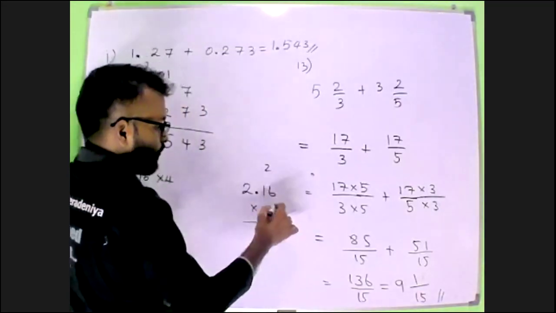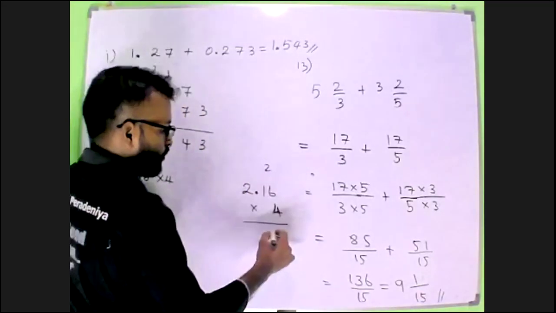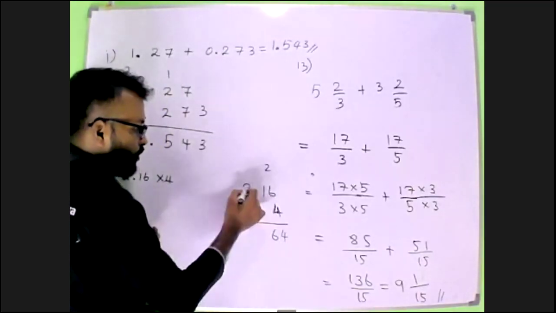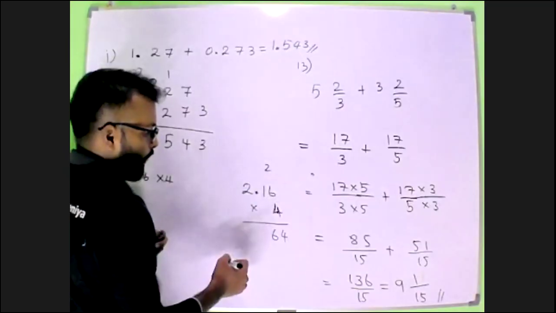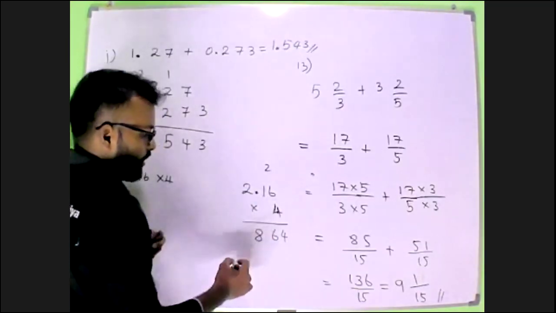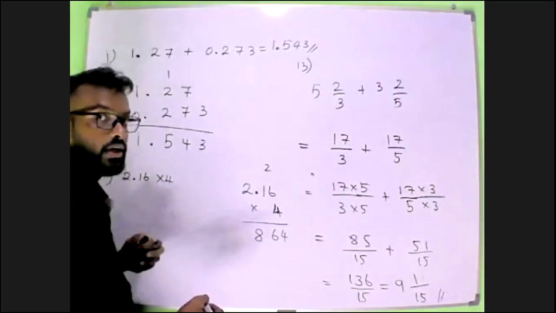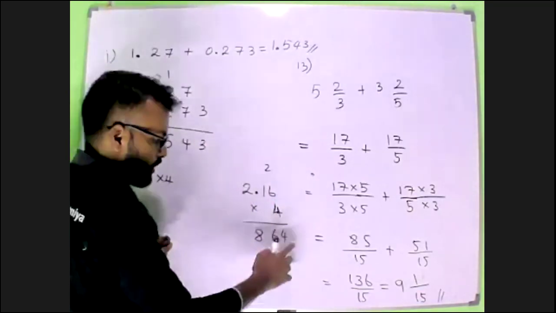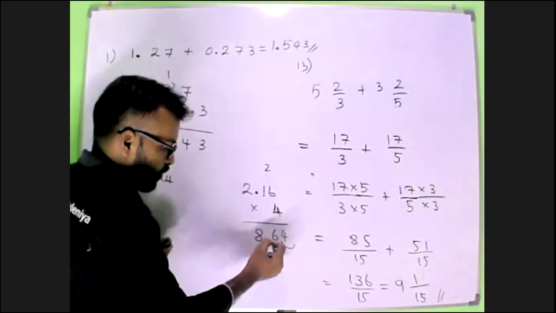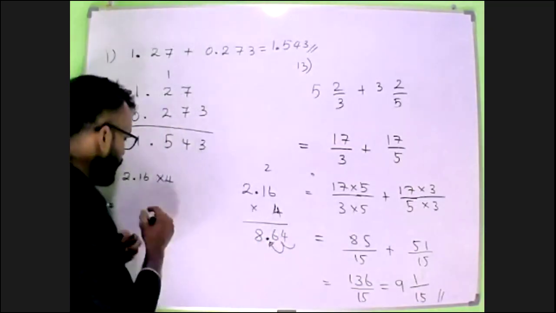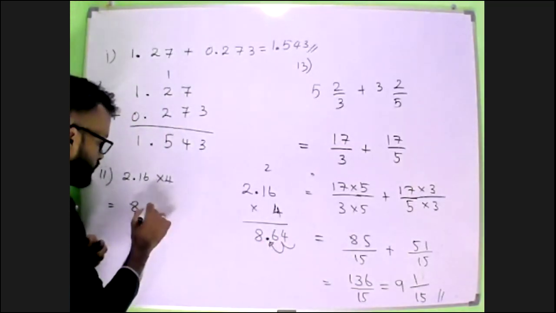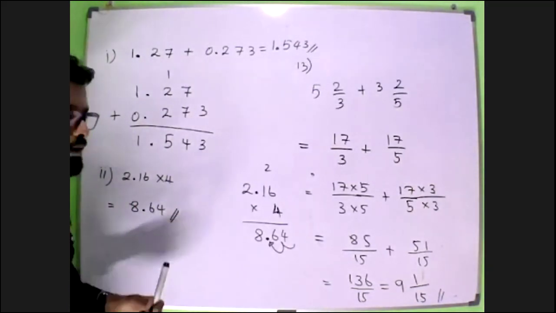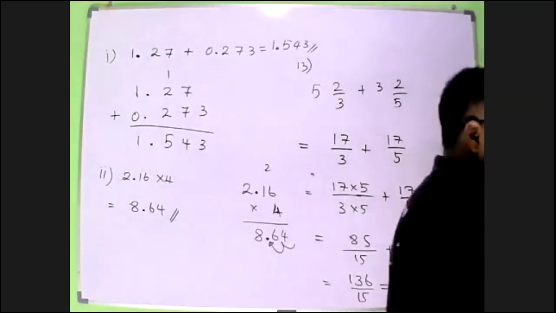Carry 2. 4 times 1, 4 plus 2, 6. Right? 4 times 2, 8. 864. Is that the correct answer? No. So you have to place 2 decimal points. 1, 2. So your answer will be 8.64. Right? Your answer will be 8.64 for that.